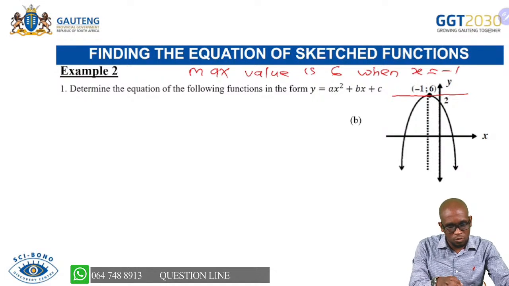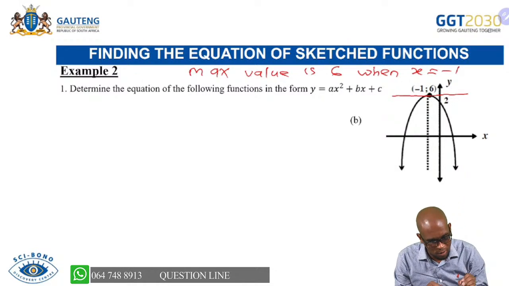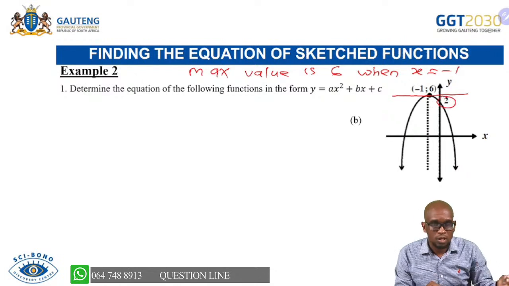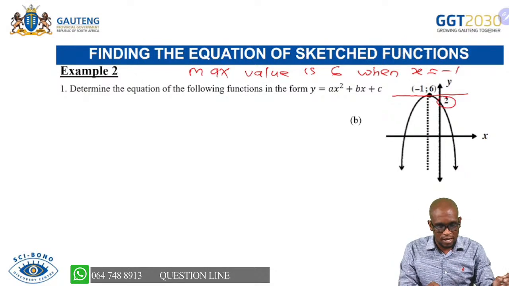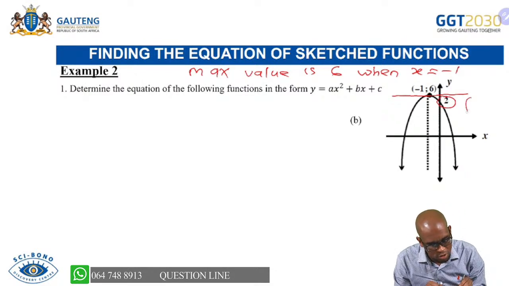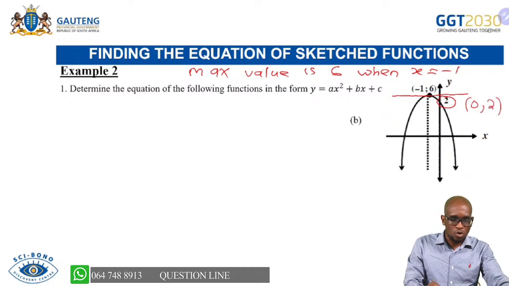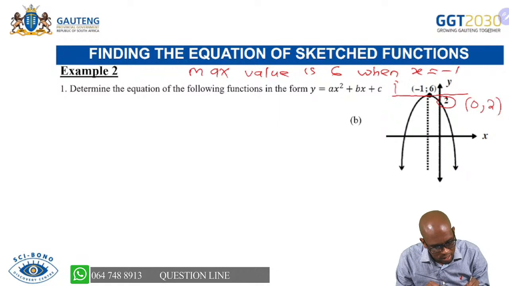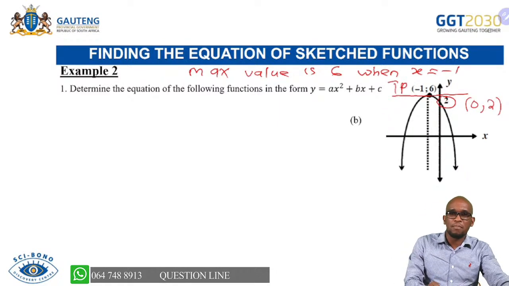Now, because we are given that the form in which there is a turning point and an additional point, our additional point would be that point there, represented by coordinate x is 0, y is 2. So in this case, we are given a turning point and a point.